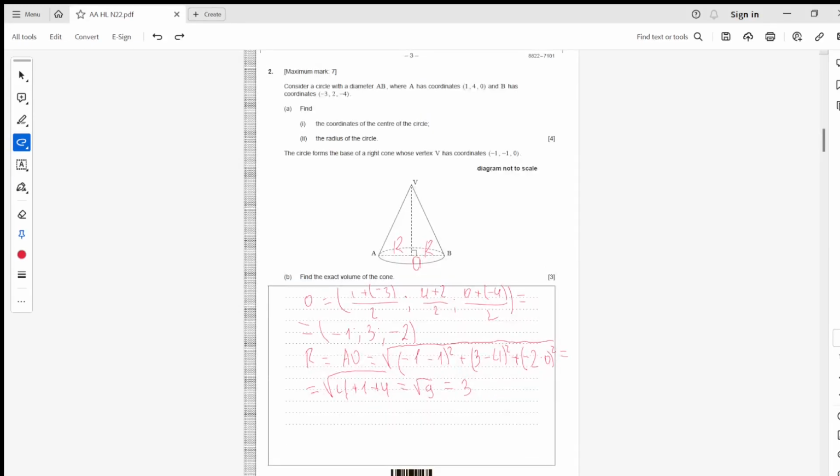And for the last question, you just need to find the volume of the cone. As we all know, the formula for the volume of the cone is 1/3 pi r squared times h. As we know r, we just need to find h, which is equal to VO. And again, we just need to find the length of VO.